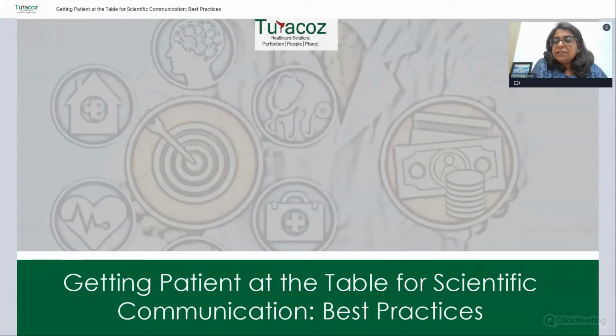The patient, caregiver, or patient advocacy, all of that is becoming very important now because of all the solutions which we have. Somewhere, we have to match it with what the patients need.